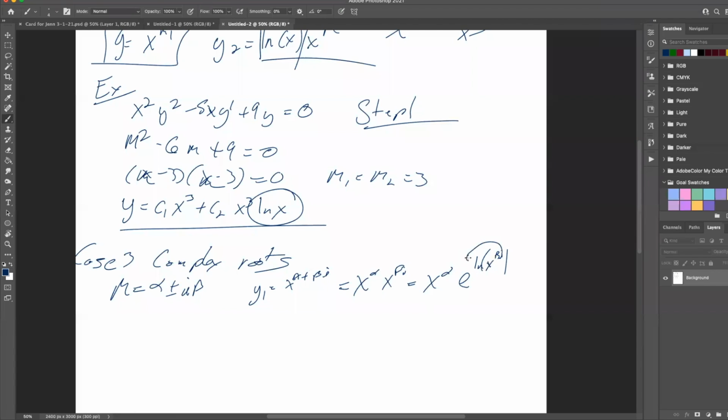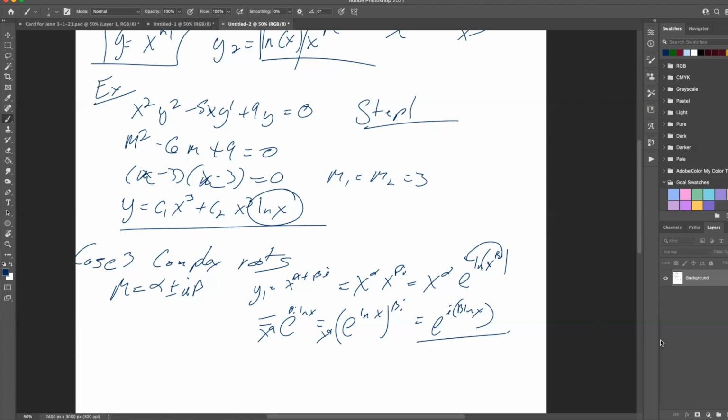Then I can pull this out front as a multiple, so this is ln of x times beta i, and since this is multiplied, I can raise it to a power. I'm leaving off the x to the alpha real quick; there's an x to the alpha here. And then here you can move this around, and I can get e to the i of beta ln of x.